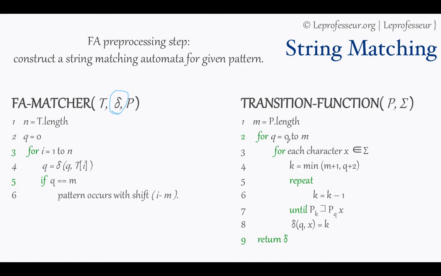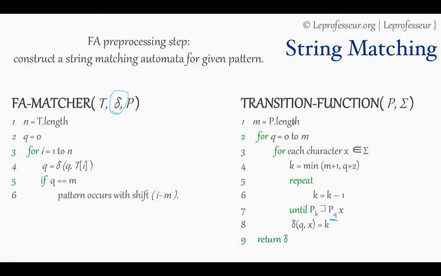What it means is that we try to find the maximum length string which becomes the suffix of the string pq, which is the string of the characters in a certain state q, and x is a certain input character.